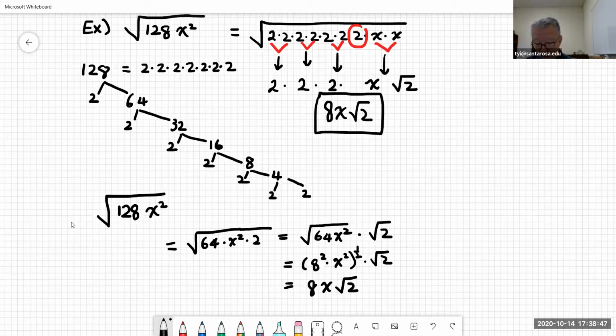So either way, you can use these methods to evaluate these. I'm not going to say which one is better, but I know that some students feel more comfortable doing the way that I just did, or the second way. It's up to you. It's not going to make any difference.